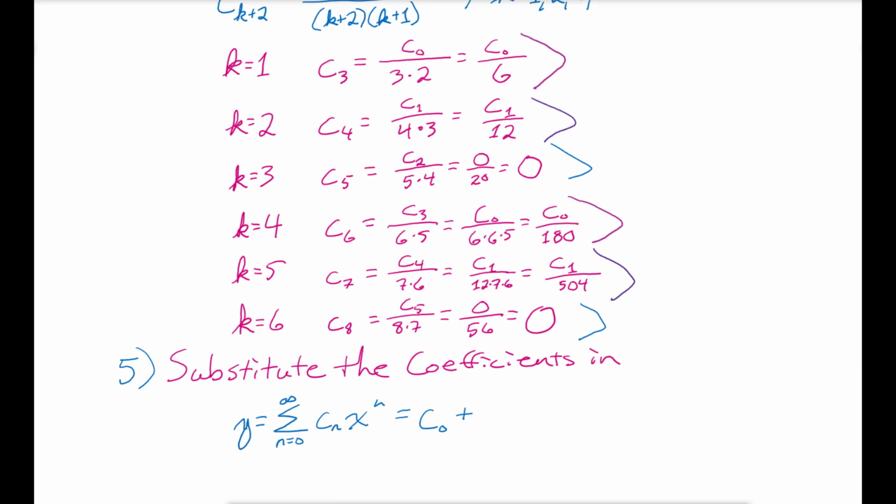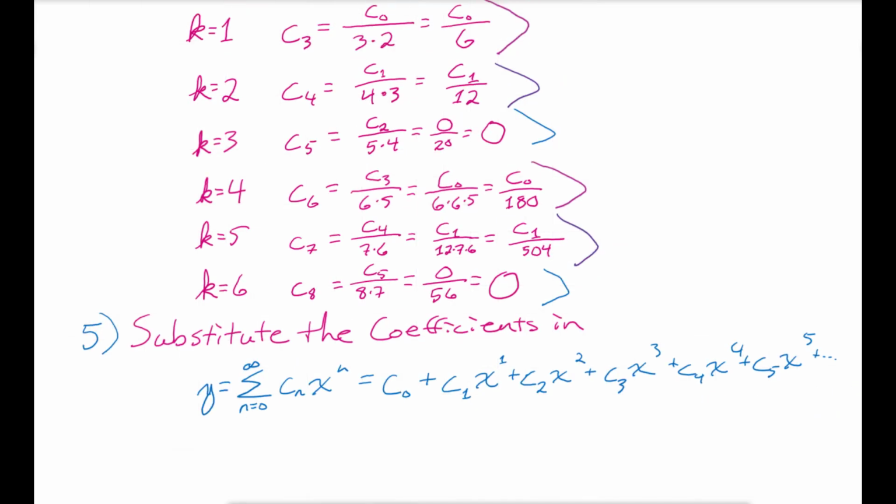Then plugging 1 in, I have c sub 1, x to the first. Plugging 2 in, I have c sub 2, x squared. Then I have c3, x cubed, c4, x to the fourth, c5, x to the fifth, and I could keep on going. But I'm going to stop there instead and say, all right, well, we know that c3 actually is c0 divided by 6, right? So let's plug it in.